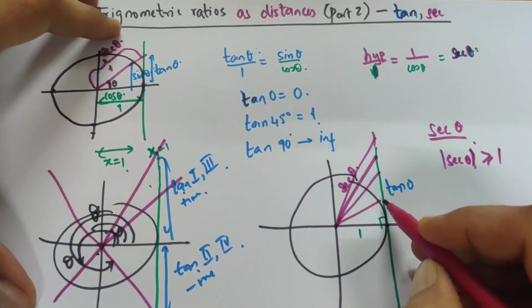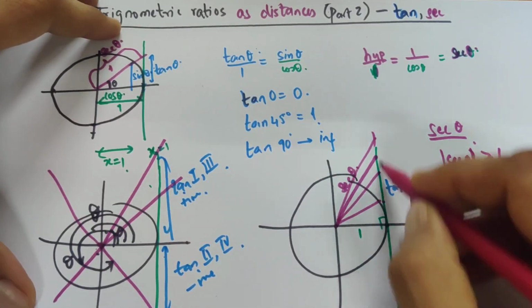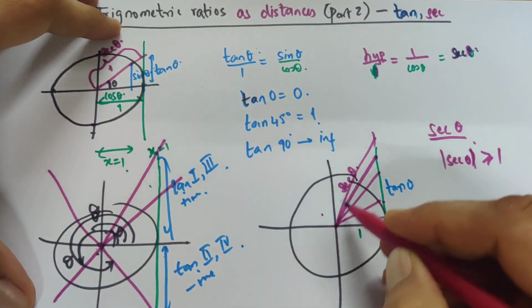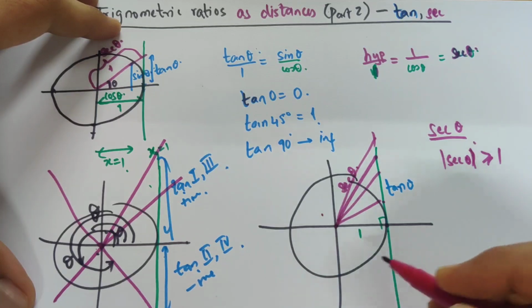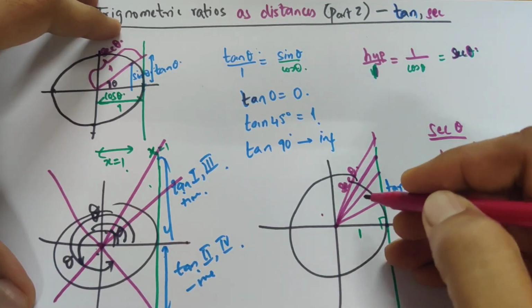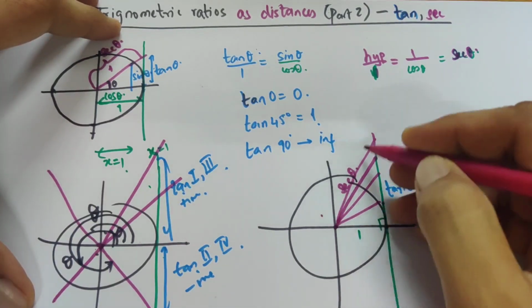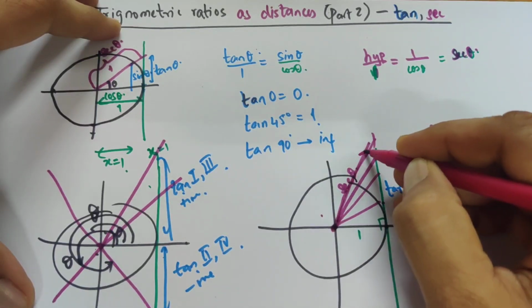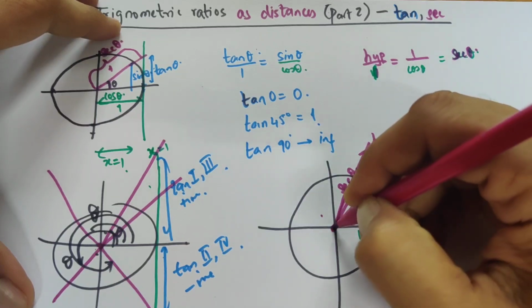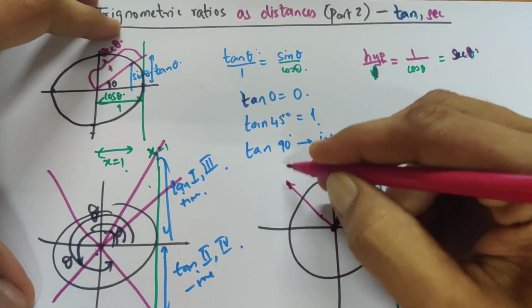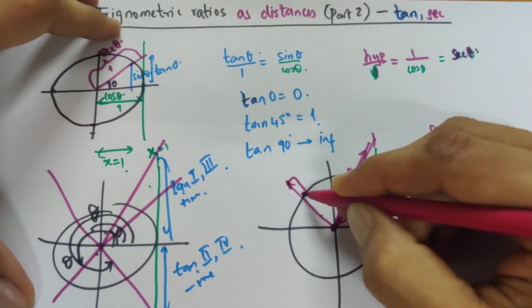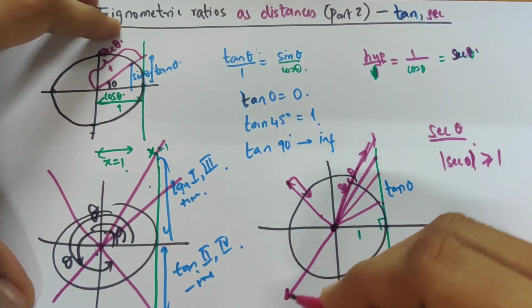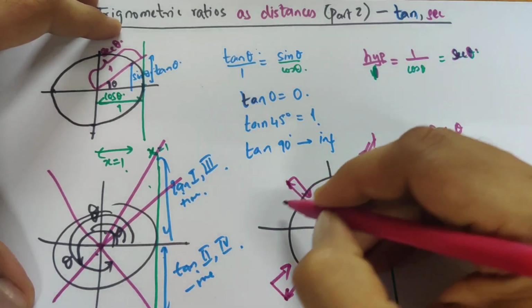Okay, that's one thing we know. The second thing, again, the positive negative part, right? You can see secant theta is positive here. Once the angle goes there, secant theta becomes negative. Once it goes here, the secant theta needs to change direction. So how do you talk about a hypotenuse, right? The hypotenuse is from the center. If I'm going in the direction that I wanted, then it's positive. From the center, if I go that direction, I'm not going to hit the axis, so I need to turn around. So that becomes negative.